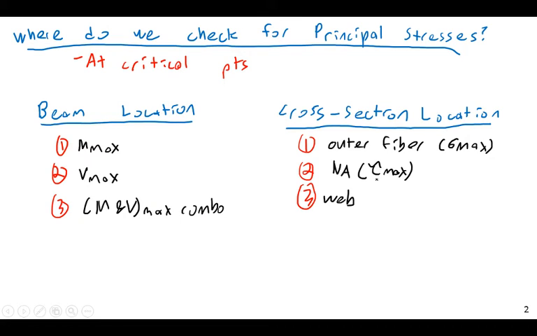Wherever there's an abrupt change in the cross-section, you're going from a shear region to a moment region, that is usually a critical location that we need to check. Web flange intersection.